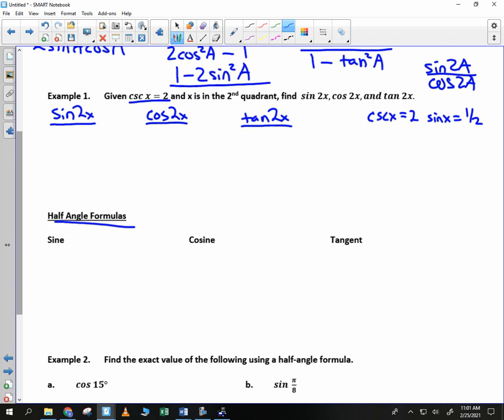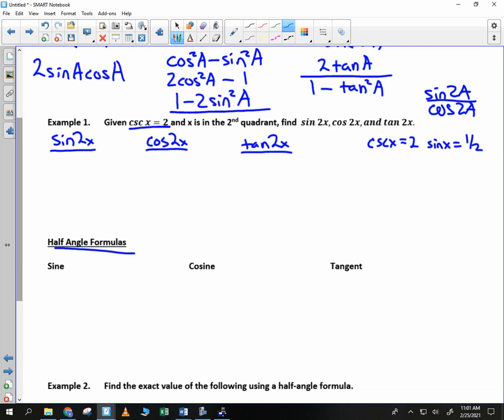So the formula that I'm going to start with is sine of 2x. I know that sine of 2x is 2 times the sine of x times the cosine of x. And notice what I've uncovered so far from my given information: sine of x is 1/2. So therefore you have 2 times 1/2 times the cosine of x. In order to finish this off, all I need is the cosine value.